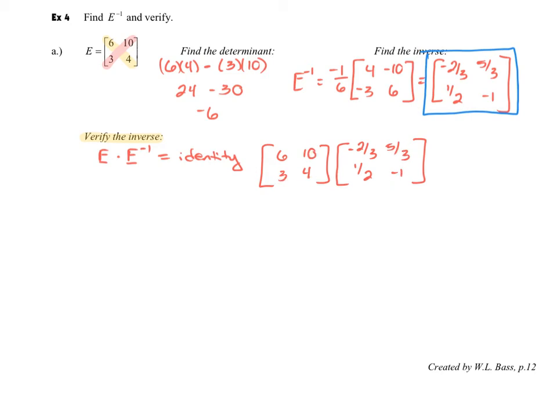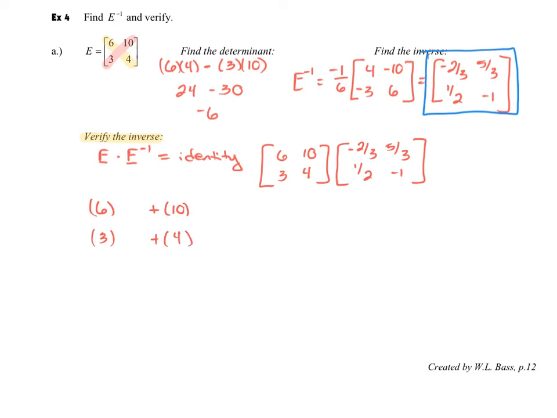So as I showed you in the other video, what I often like to do, it helps me to just kind of space things out. I write the 6, and I'm going to give myself a gap here, and I'm going to write my 10, and then I'm going to write my 3, give myself a good gap, and I'm going to write my 4.